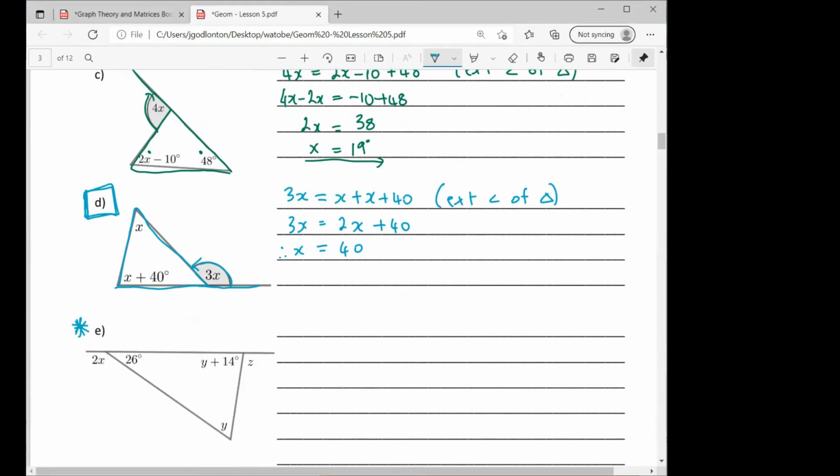Okay. If you got D, then I think you should give E a try. Remember, we're going to be using different rules. We're not just going to be using exterior angle of a triangle for E. We're going to be using a whole bunch of different rules. Think about things that are next to each other.